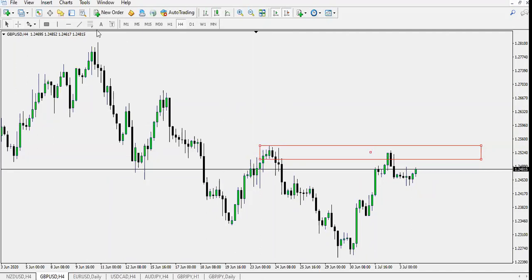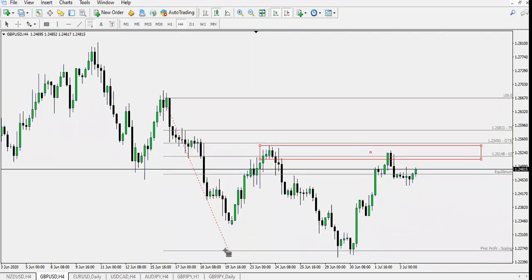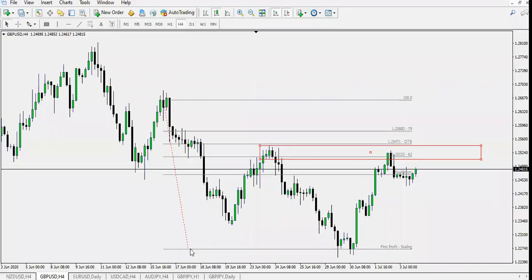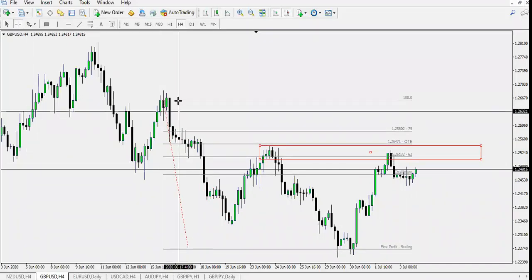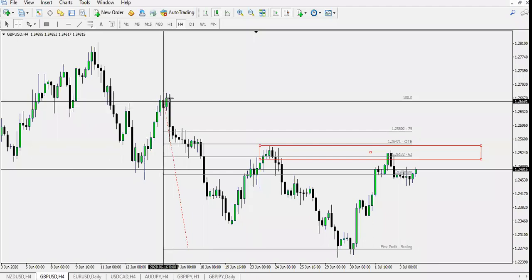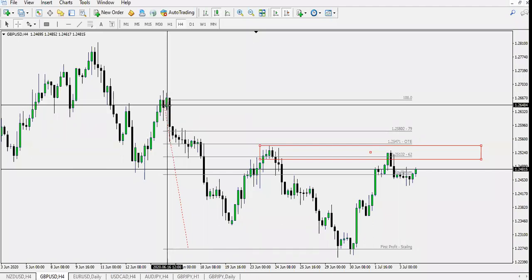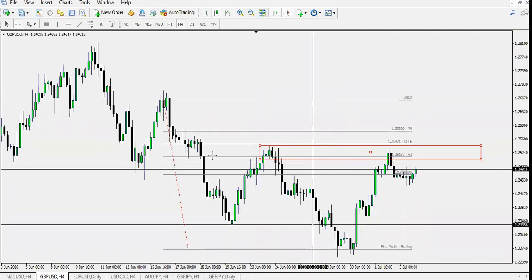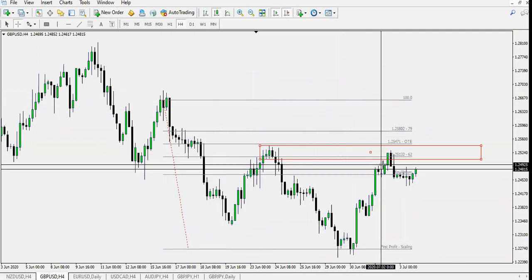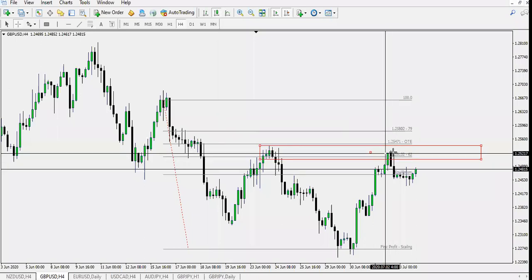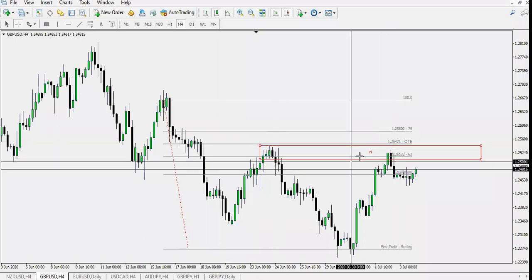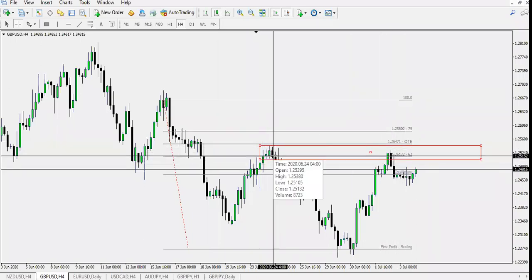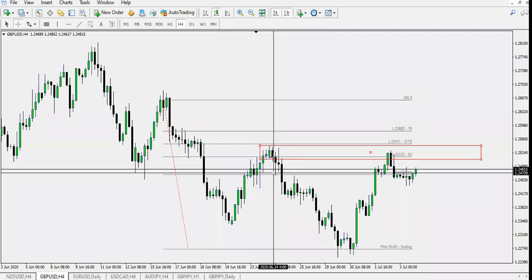Okay. Someone else also pointed out, I think it was on the group, that when they pulled their fibs, they pulled them from the peak formation of this area of the chart to this area of the chart. Now that is correct, you can do it like that, and they got a 62% bounce, which gave them additional confirmation as the reason to sell over here.